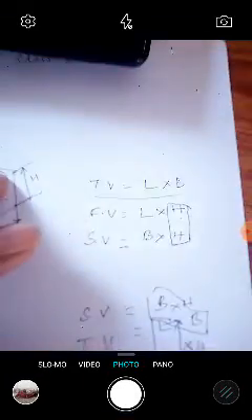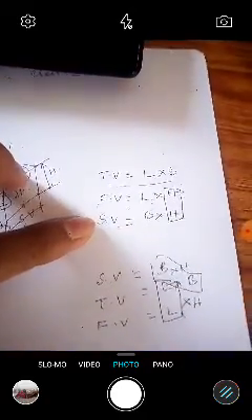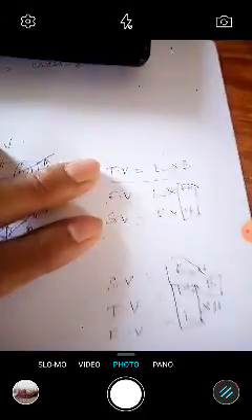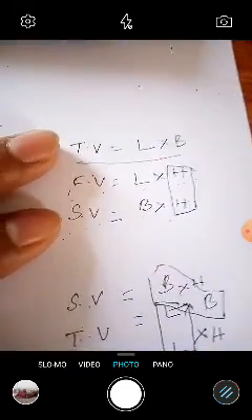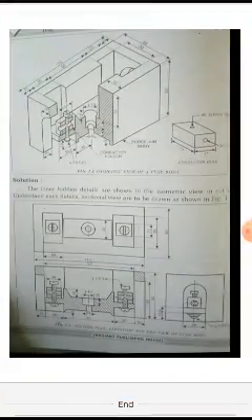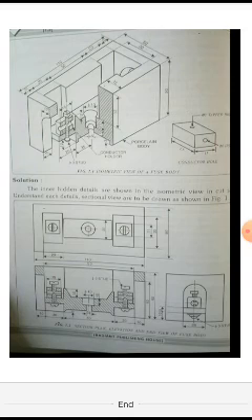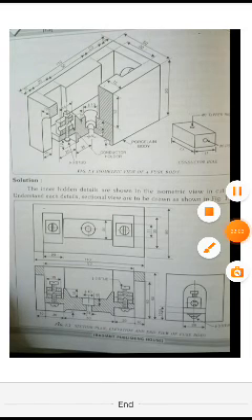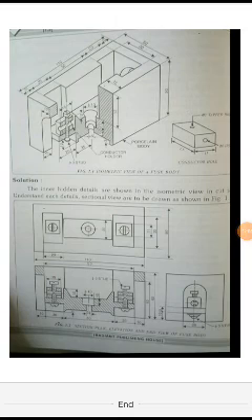If you are not following these basic guidelines, that is, top view consists of length into breadth, front view consists of length into height, and side view consists of breadth into height, and any one of these is mismatched with your given data or the diagram, then assume that you are drawing something wrong. So use this and try to complete it, which will help us to draw the fuse body.